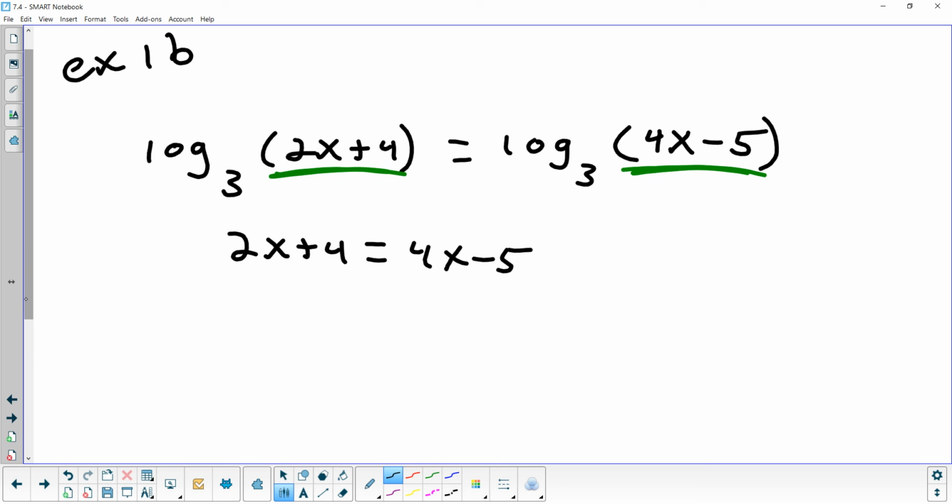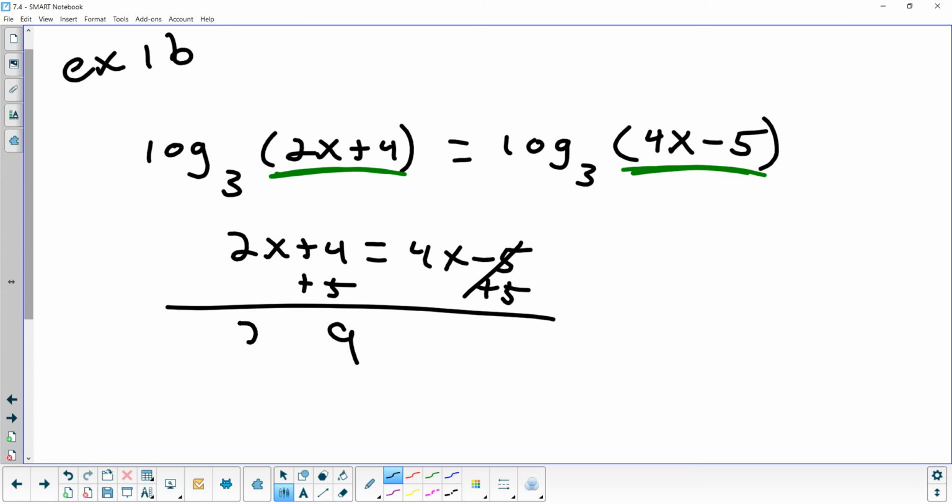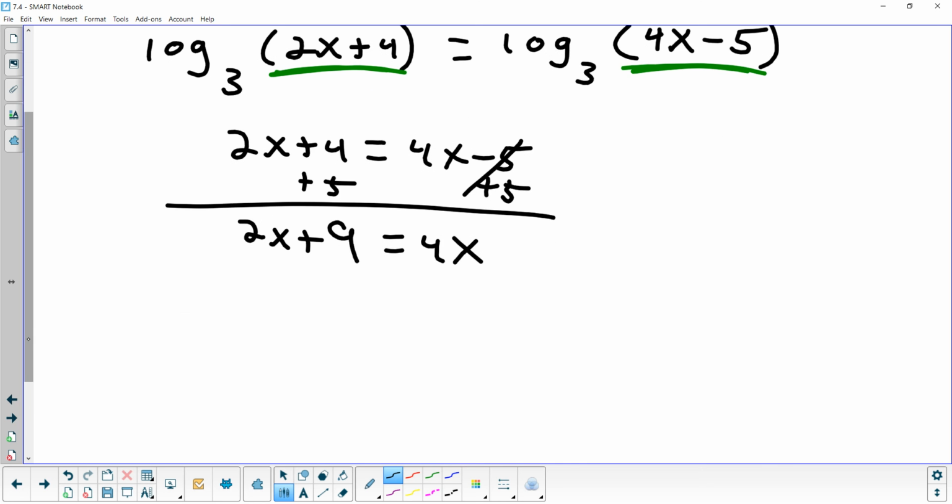And how would you move that? Add 5 to both sides. Okay, so we add 5 to both sides, that's gone. So now we have 2x plus 9 equals 4x. What would I do next? Subtract 2x from both sides.